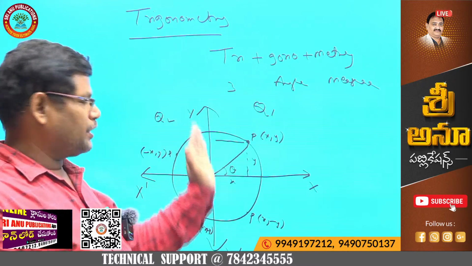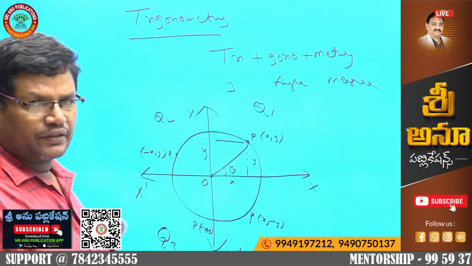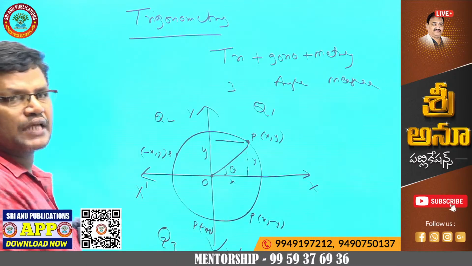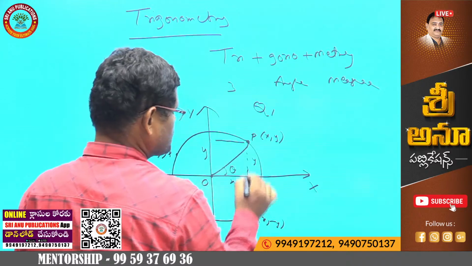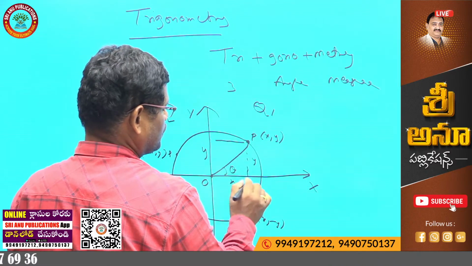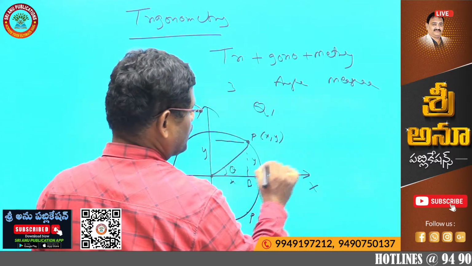Now the side opposite to theta is called the opposite side, and the side where theta lies is called the adjacent side. Suppose we take some point B here.